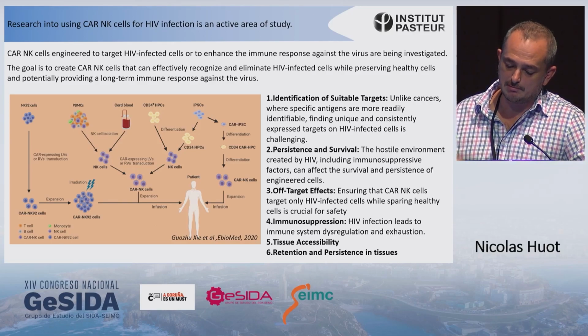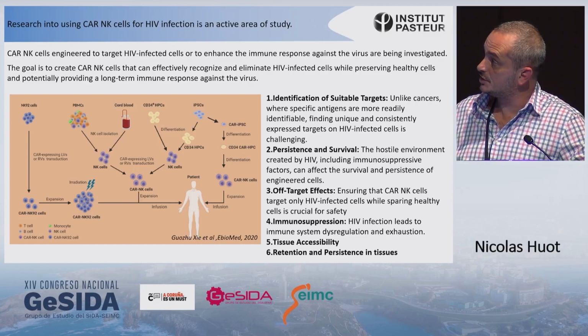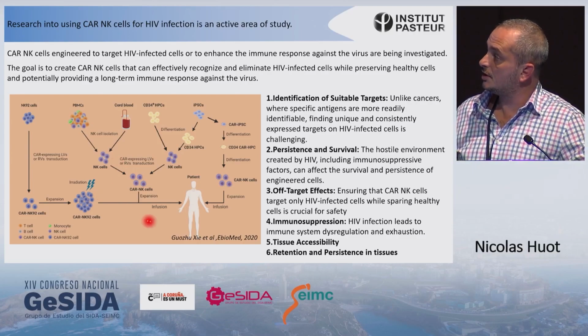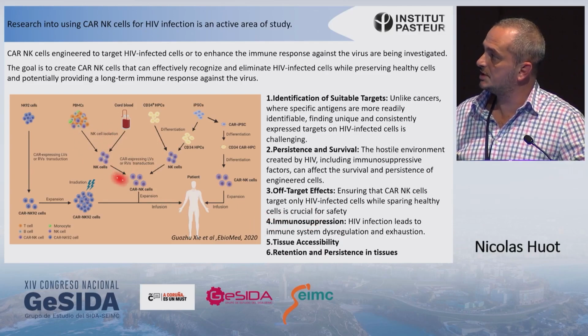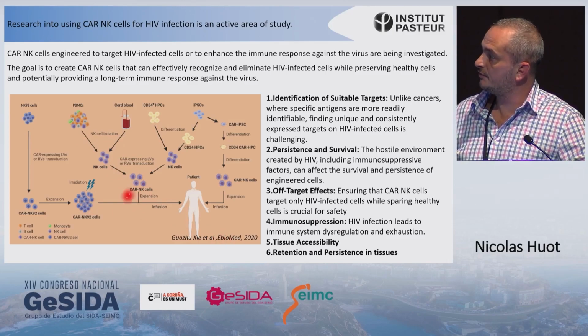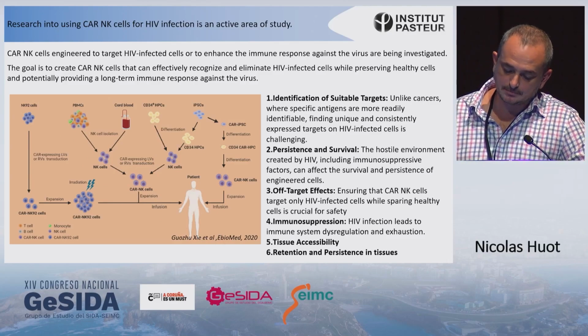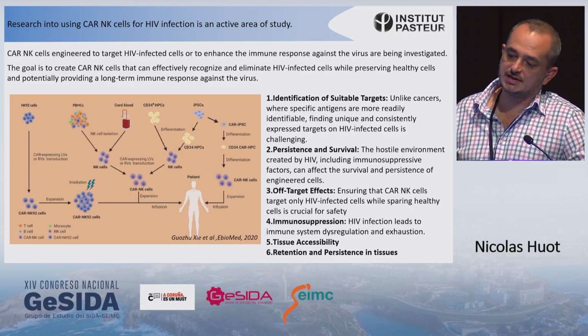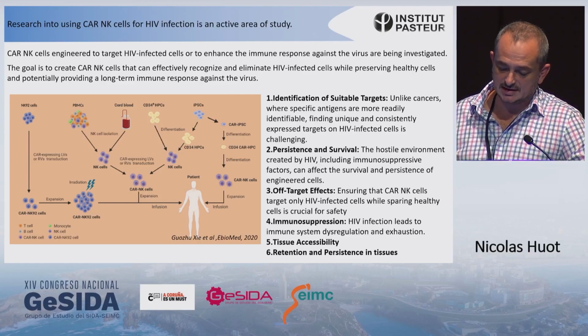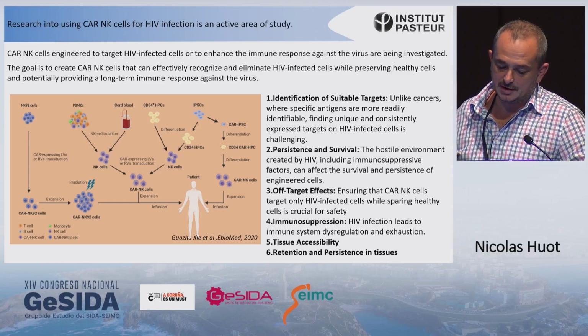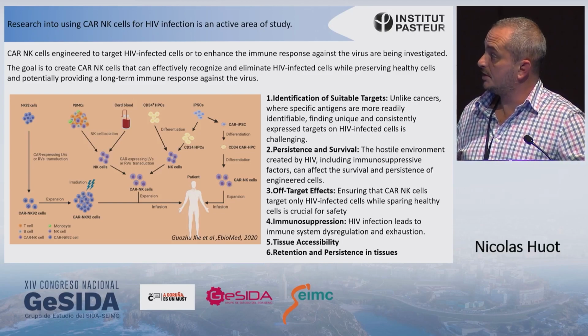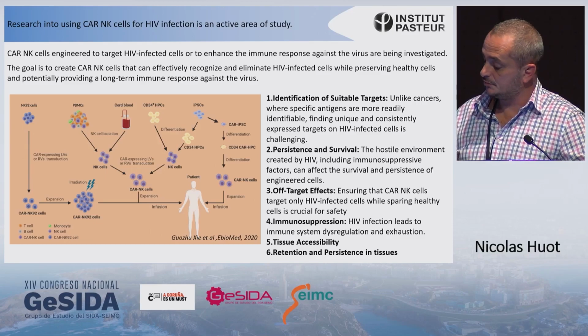You should keep in mind that, as I previously showed for macaques, HIV highly impacts NK cells, which suggests that this strategy will probably not be sufficient to generate fully functional CAR NK cells. We need to think also about tissue accessibility. Indeed, if you inject CAR NK cells, you must be sure that they will be able to invade all the tissues. And finally, we need to be sure that CAR NK cells can stay and persist in the tissue to fight the infection.